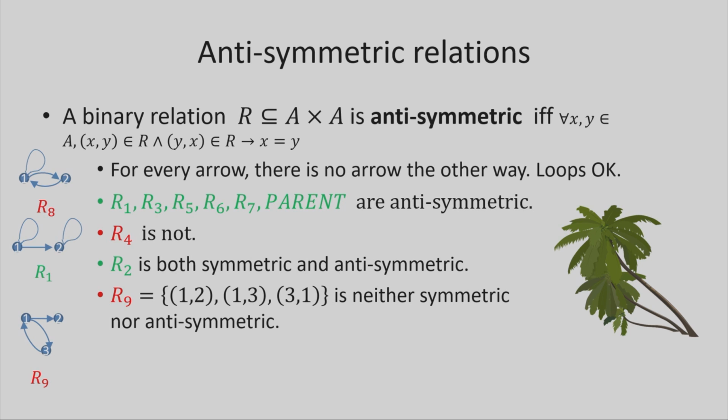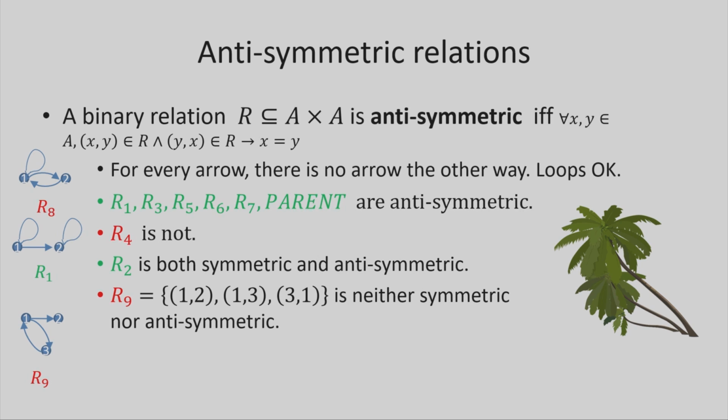And if you want to think of a specific example, think of a parent relation. If x is a parent of y, there is no way y can be a parent of x. If x is strictly less than y, or even less than or equal to y, there is no way y can be less than or equal to x unless they're equal. Equal is okay.